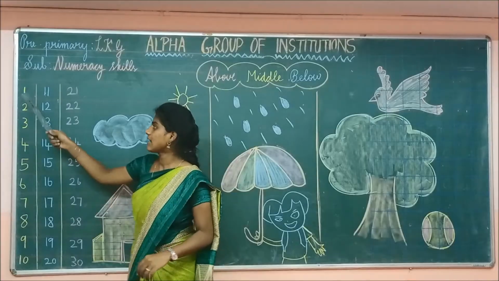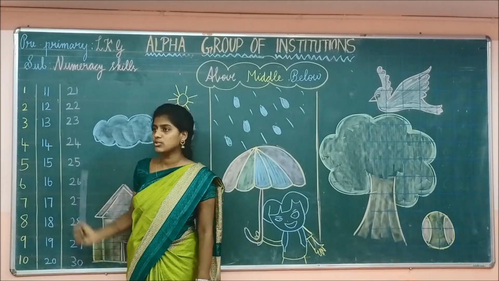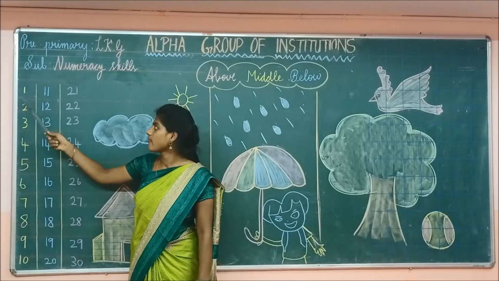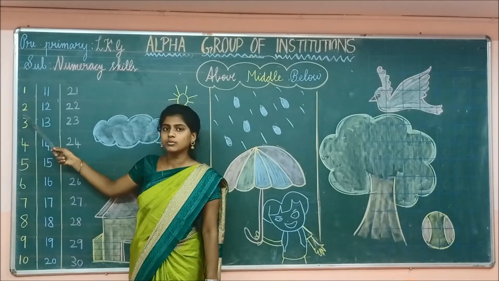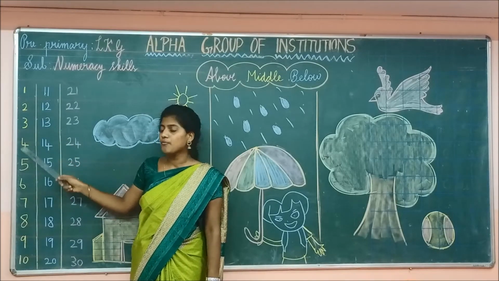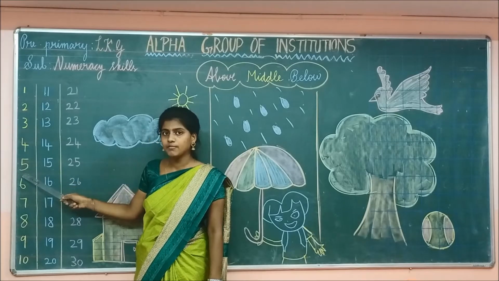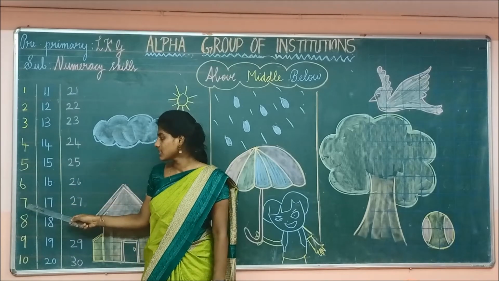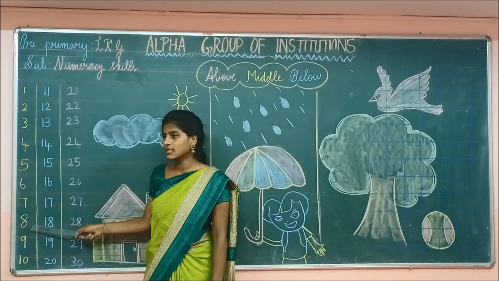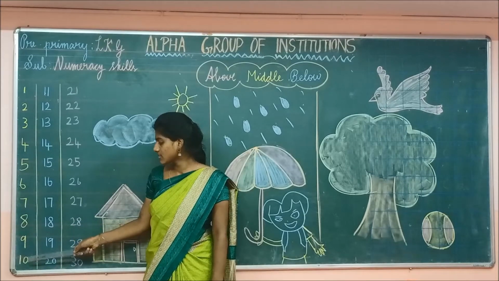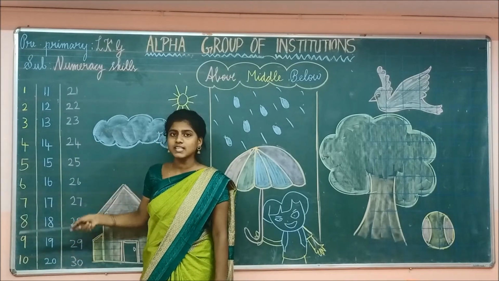Shall we read numbers from 1 to 20? First, 1, 2, 3, 4, 5, 6, 7, 8, 9, 10. Shall we read once again?